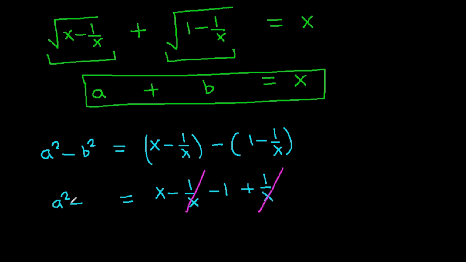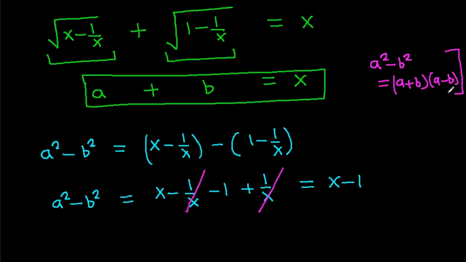So a square minus b square is x minus 1, and we know that a square minus b square is (a plus b) times (a minus b). So (a plus b) times (a minus b) is equal to x minus 1, and a plus b is x.